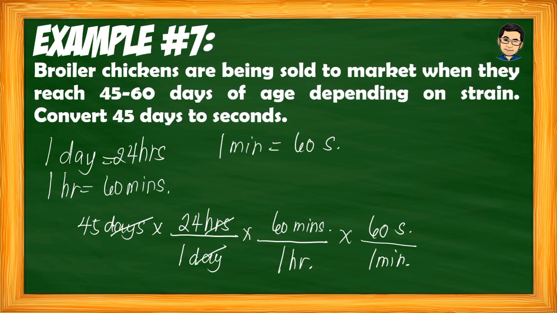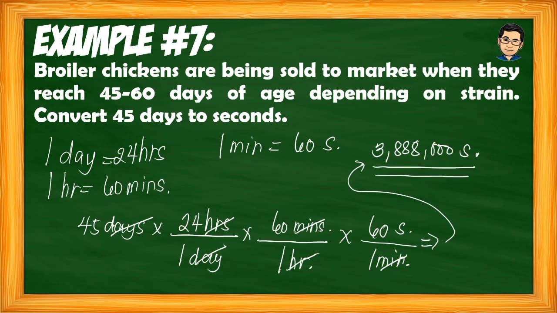Days, hours, minutes. Ayan. So, 45 times 24 times 60 times 60 is equal to, so dito na lang natin isulat yung sagot natin. Medyo mahaba. 3,888,000 seconds. So, ibig sabihin, ito po ang katumbas ng 45 days.